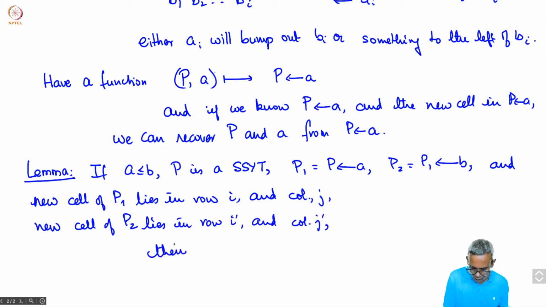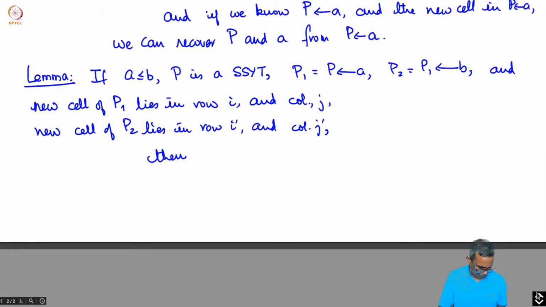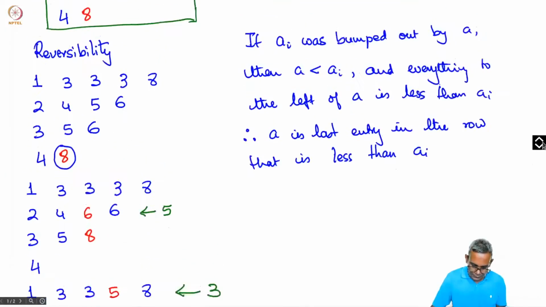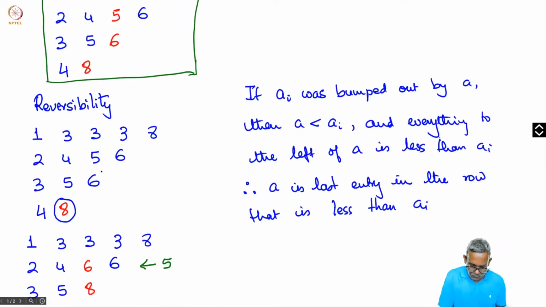Then we can conclude that J prime is strictly greater than J and I prime is less than or equal to I. So for example, in this insertion process that we did here, I is 4 and J is 2.